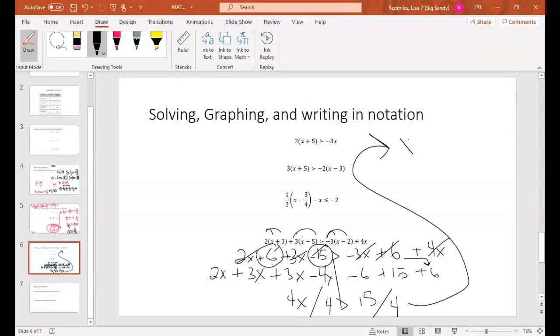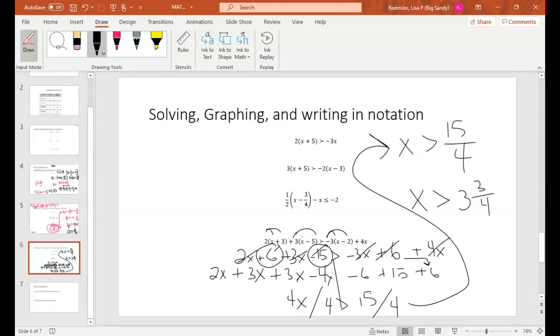And that gives us x is greater than 15 over 4. But for context, it's good to change that because we're putting it on a number line. We have x is greater than 3 3/4, or you can put 3.75. Because 4 goes into 15 3 times.